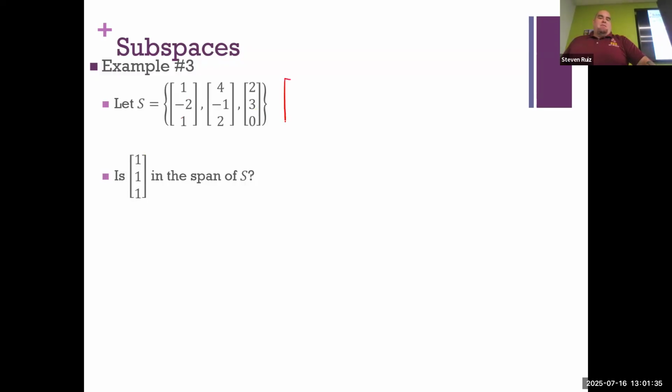So basically, what we're looking for is, if I can add some multiple of the first vector plus some multiple of the second vector plus some multiple of the third vector together, will it make 1, 1, 1? So here's the equation that we're basically trying to solve.